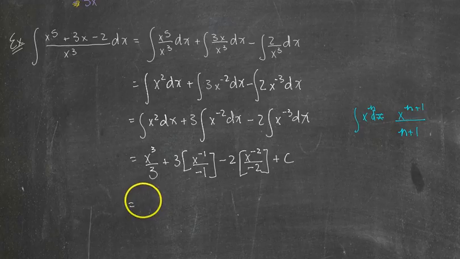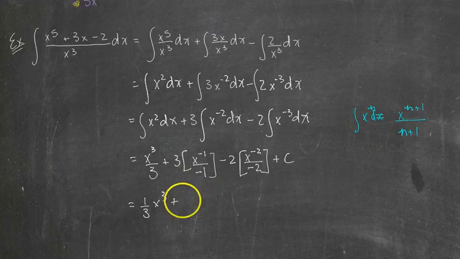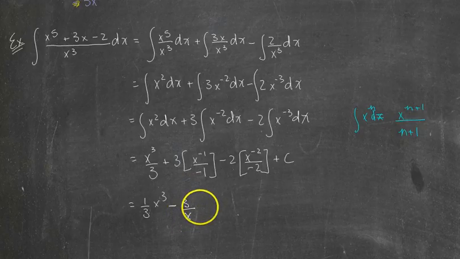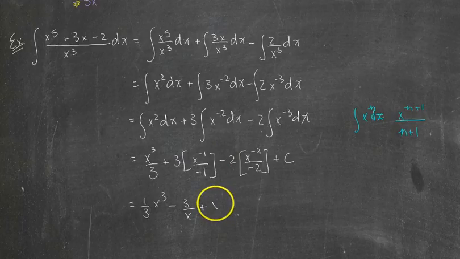Now let's simplify. This is 1/3 x cubed plus, well, the negative 1 actually means this is going to be a minus 3 over x to the minus 1, so 3 over x, minus minus is a plus, 2 divided by 2 is 1, so all I have is x to the minus 2. Let's go ahead and put that in the denominator.